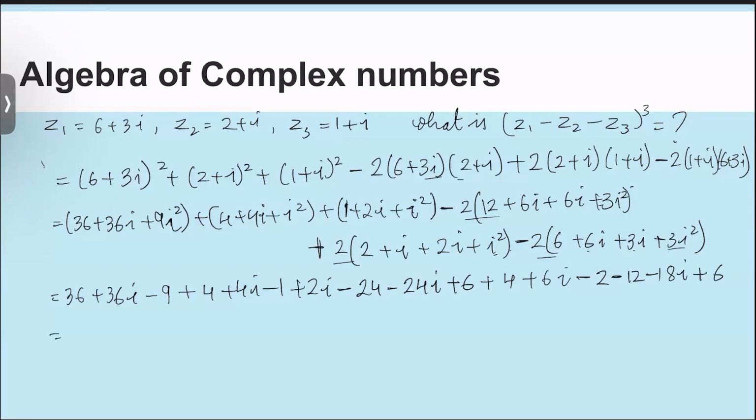Okay, so now again what we do, we take all the real numbers on one side. So 36 minus 9, plus 4, minus 1, and then you have minus 24.